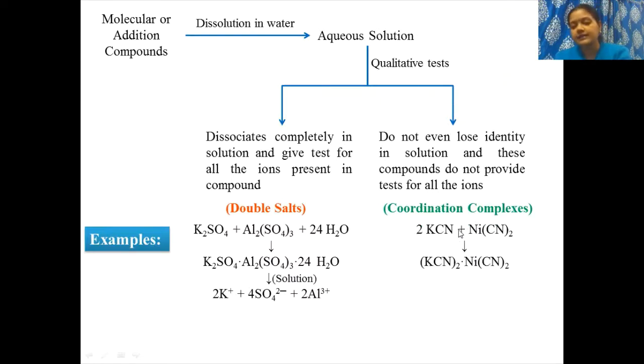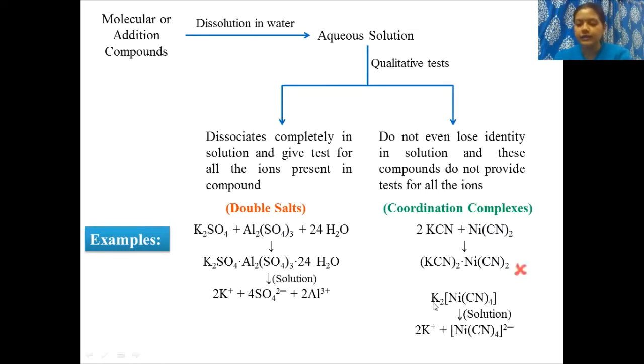In the second case, KCN and Ni(CN)2 are mixed in a 2 to 1 molar ratio and give us a molecular addition compound. However, the qualitative test doesn't provide tests for all the ions. So this is not a double salt; this is a coordination complex. But there is a rule to write a coordination complex.